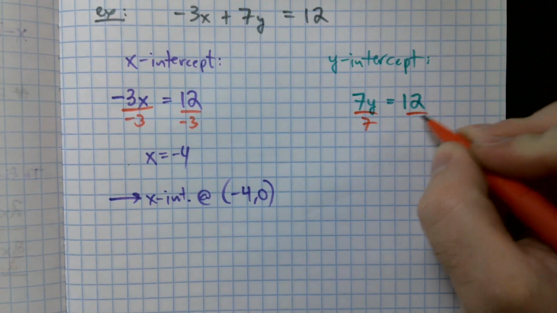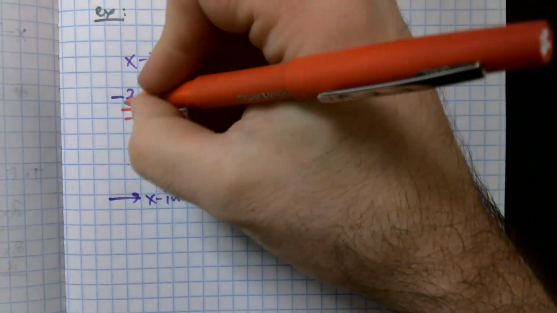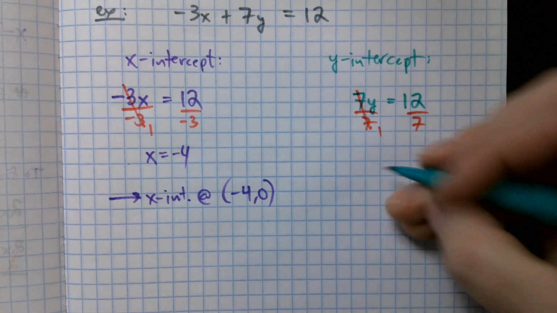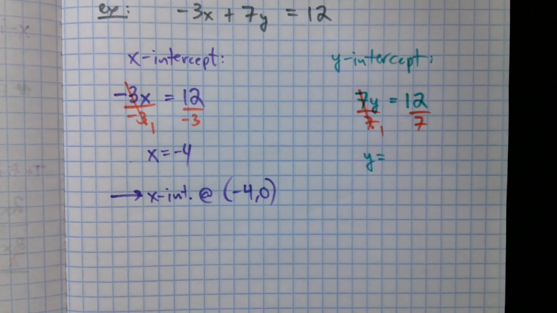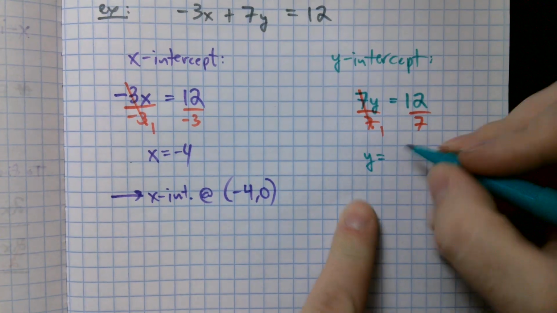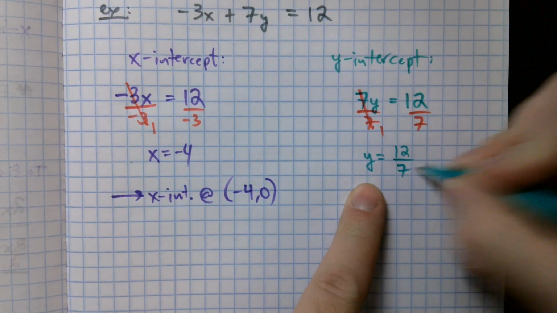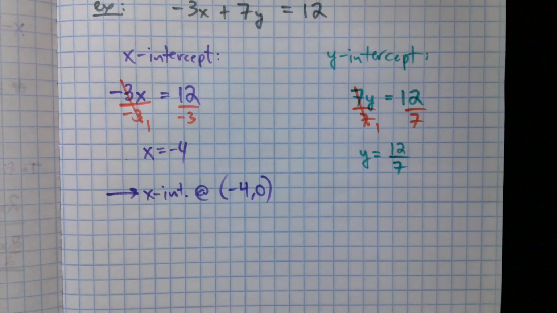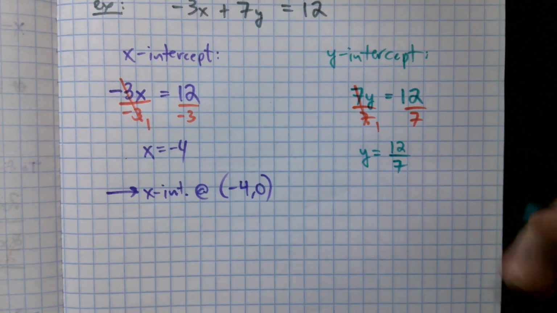Divide by 7. What do I get when I do 12 divided by 7? 12 over 7. Thank you, Alex. Can I simplify 12 over 7 at all? Nope. So I'll leave it like that.